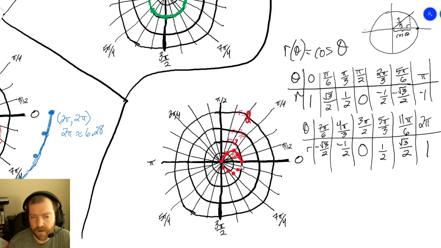And 11 pi over 12 is going to be a negative (root 6 plus root 2) over 4, so that's going to be about negative 0.95. We go through the axis again. We get this stuff.